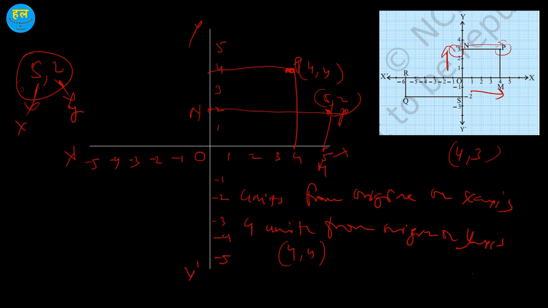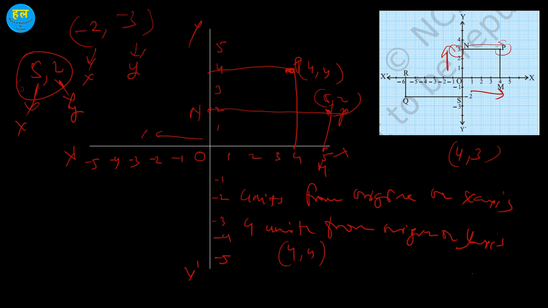Similarly, we can make points on the negative side, for example, -2 comma -3. So this is our x-axis, this is our y-axis. So that is negative x, negative 2. Negative 2 means on the left side of the origin on the x-axis. This is our point.